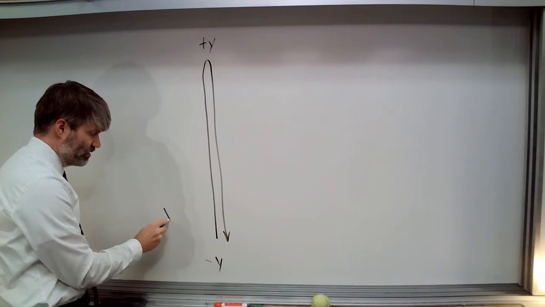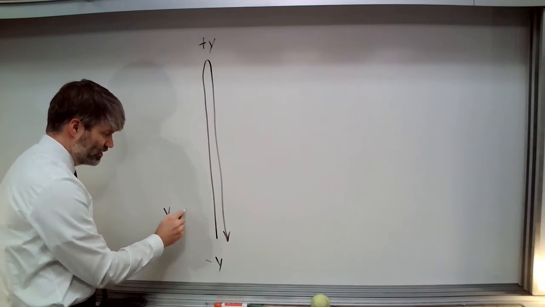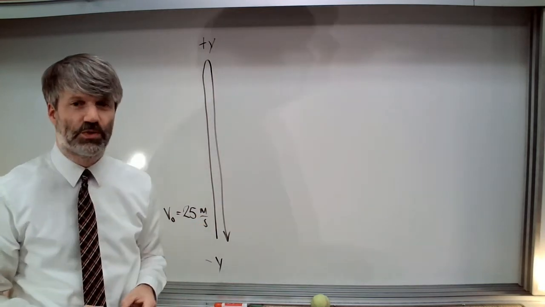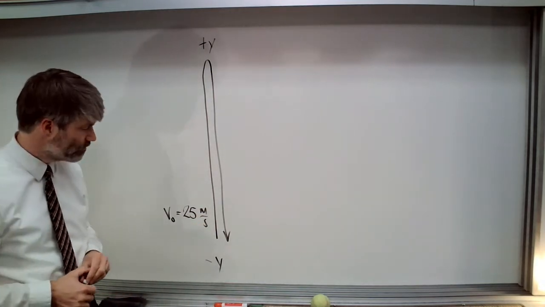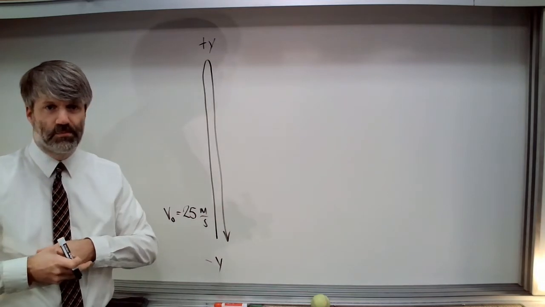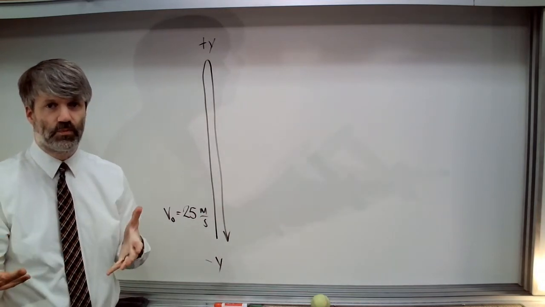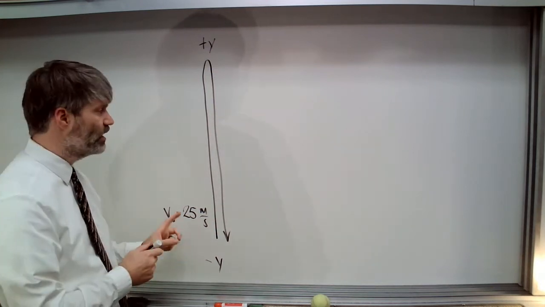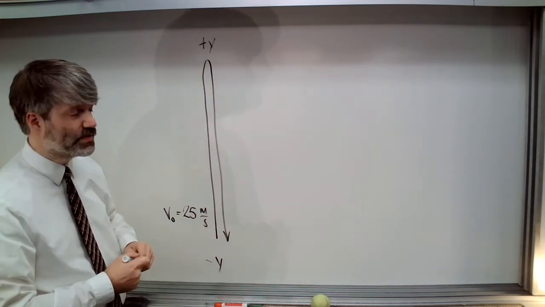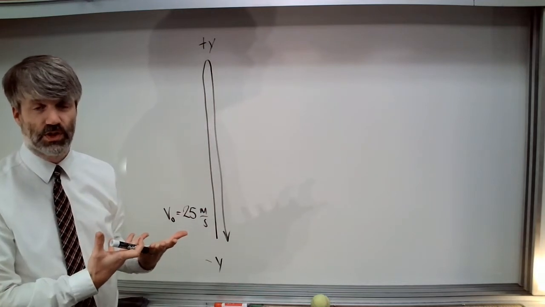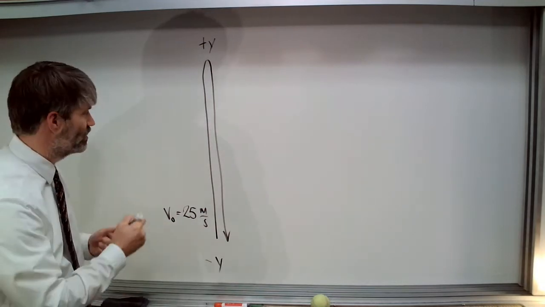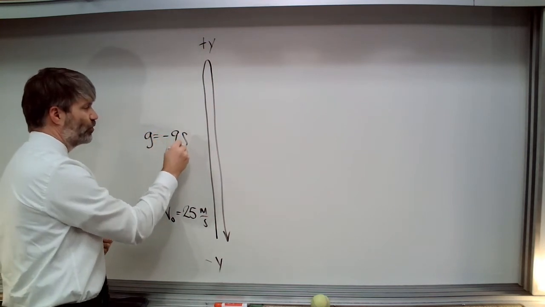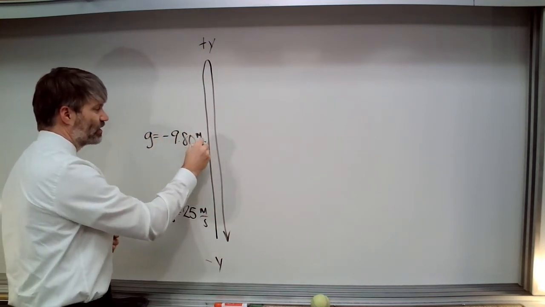That's something that's been given to us. The initial velocity is 25 meters per second. We don't know too much else about this, but we can infer some things. This is an object in free fall, so the acceleration on it is the acceleration due to gravity, negative 9.80 meters per second squared.